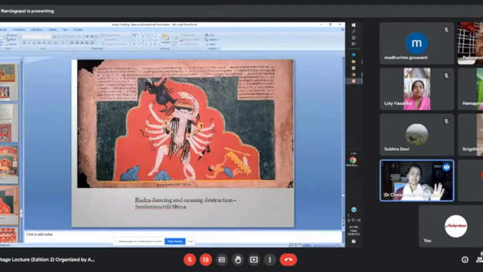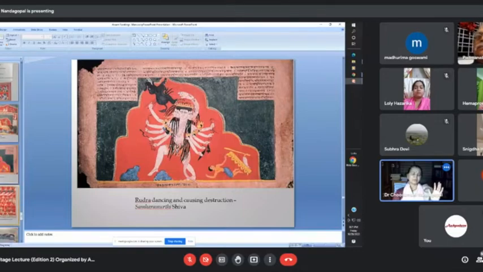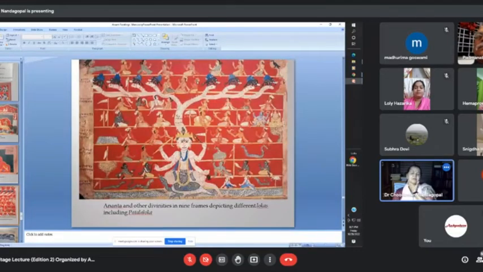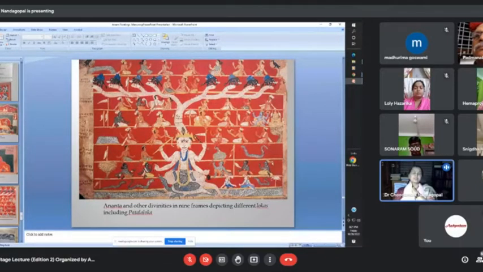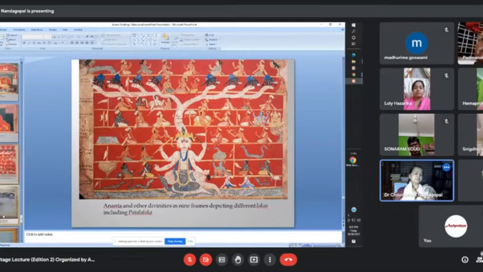So one of the very, very interesting illustrations. And this one is, I think, the best painting one can say. So this is Ananta and other divinities. In 9 frames, you start counting from here to here till the end. There are 9 lokas, including the last one, Patala Loka, where you find the tortoise and Mahavishnu is sitting there.